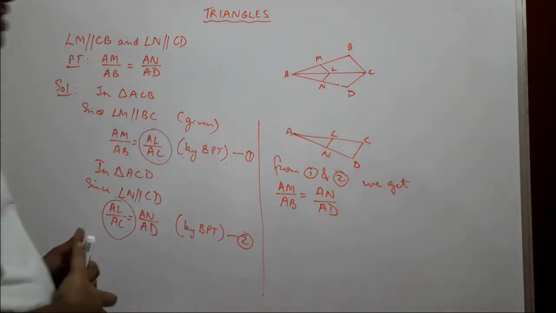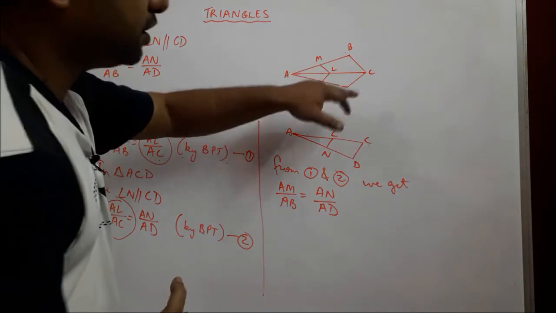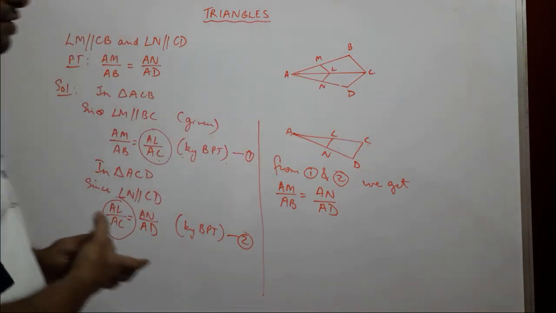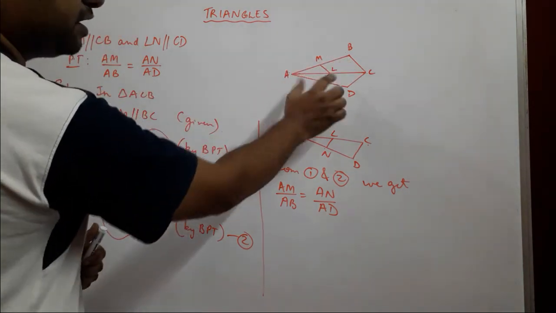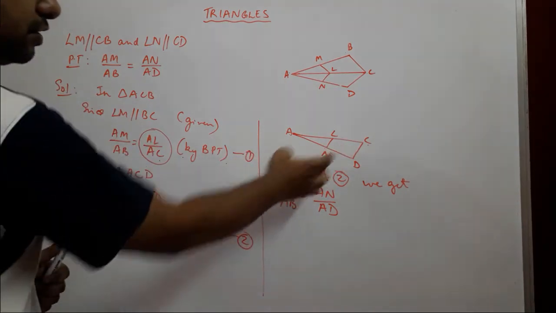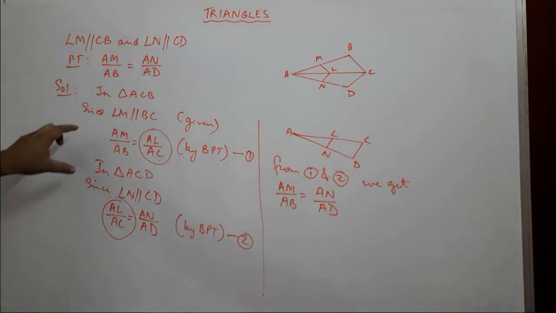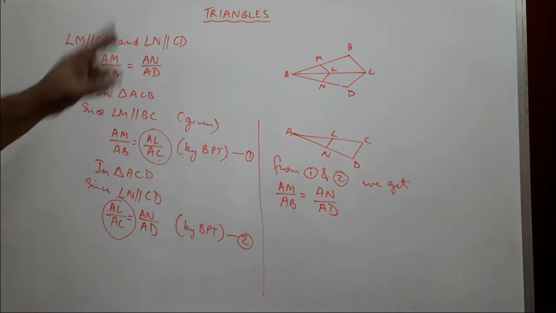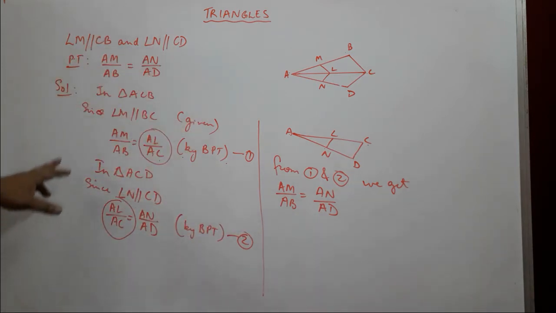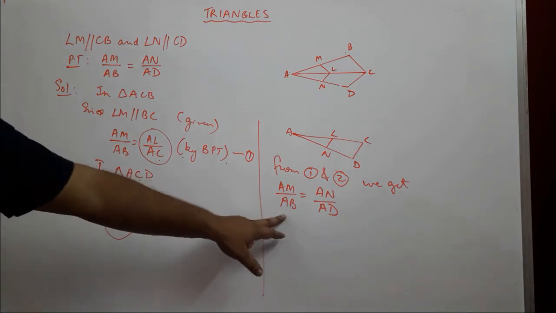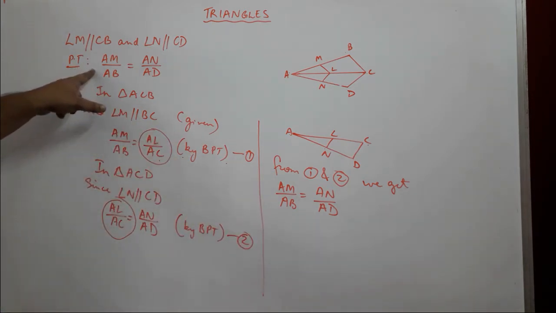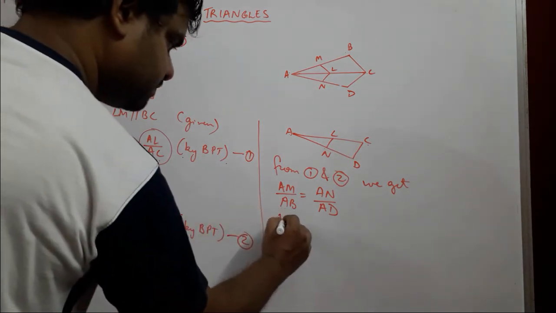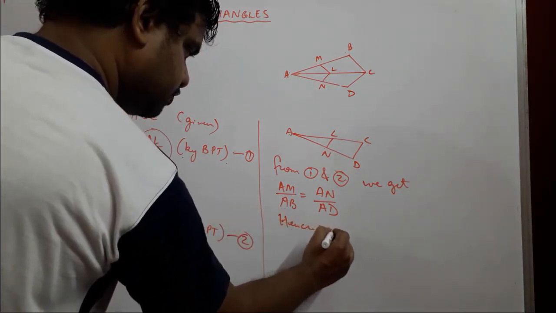If we divide that quadrilateral into two parts, that's what we have done. We have taken the top triangle and the bottom triangle as drawn over here, and then we applied the basic proportionality theorem to those two triangles, and we found something common between the ratios that we got, and we finally got the answer that was required to be proved. So this is, you can say, hence proved.